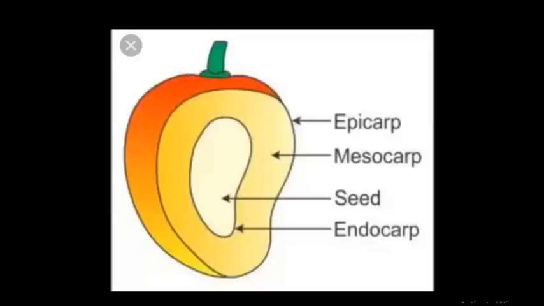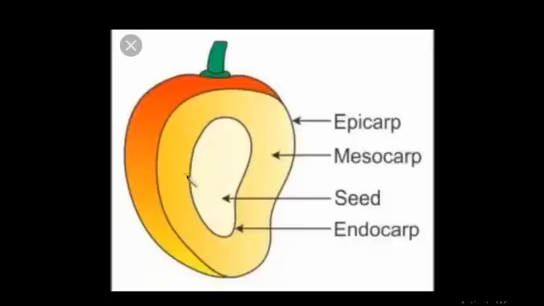We can see the fleshy part. So this is how it looks when we are asked to draw a longitudinal section of the fruit. We have the outer coating here referred to as the epicarp, and then we have the fleshy part that is eaten, the mesocarp. We have the seed inside it. Now the coating of the seed is what we refer to as the endocarp.